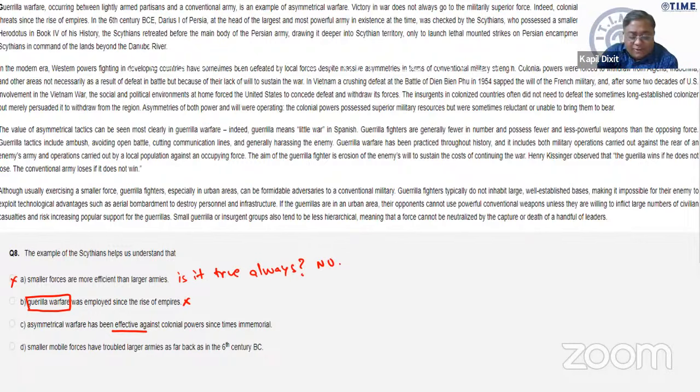Asymmetric warfare may have been waged in the past. You have to be very specific here. So this is not mentioned in the para. Hence, in this case, the answer will be D. See, it is written, indeed, colonial powers have contended with asymmetrical threats since the rise of empires. It is very well mentioned here. Look at this line.